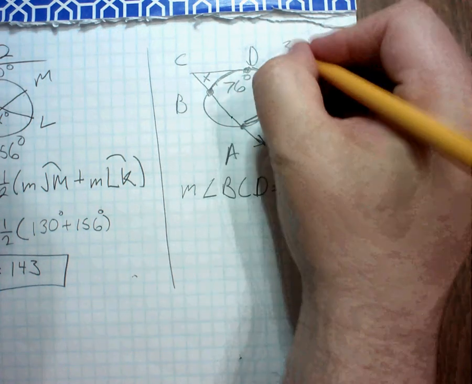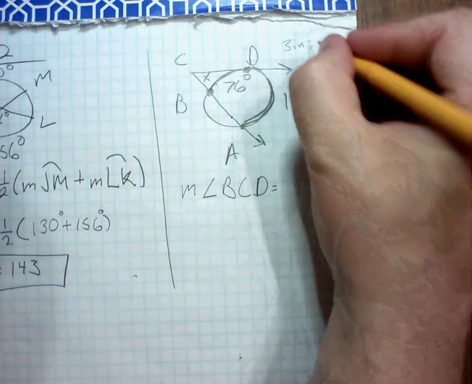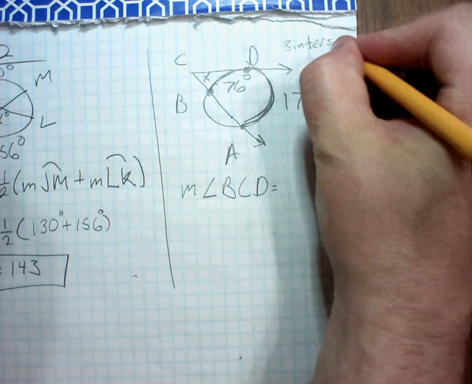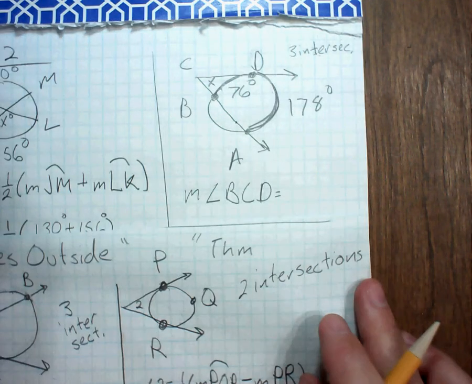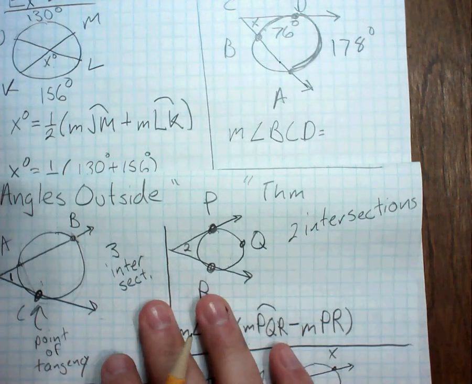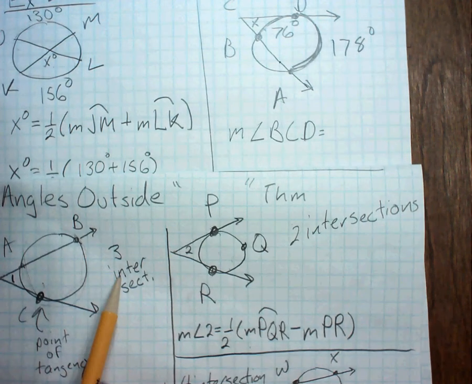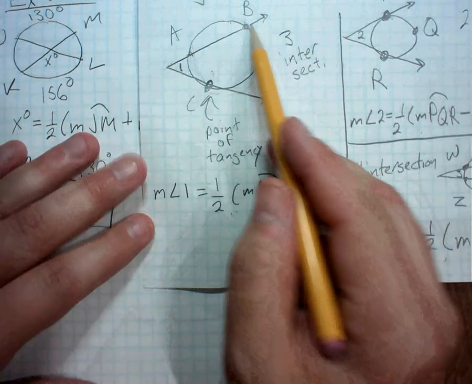So there's 3 intersections. Okay? So then all I got to do is look at my notes and look at a scenario where there's 3 intersections. So this is the scenario where there's 3 intersections. So then the formula is going to be this formula here, right?